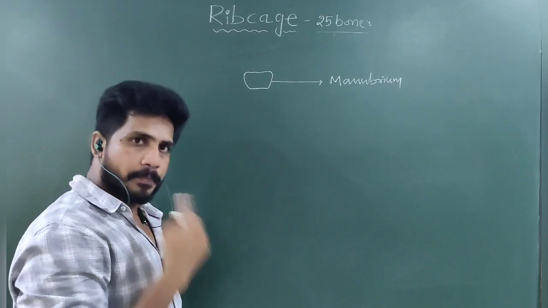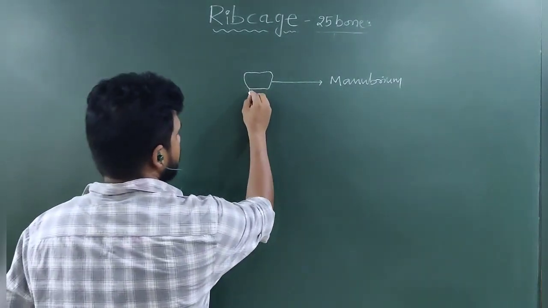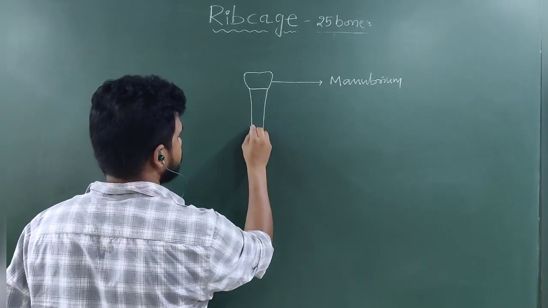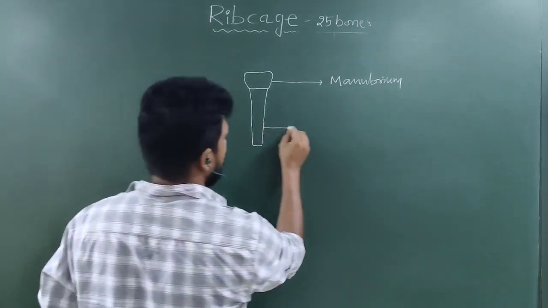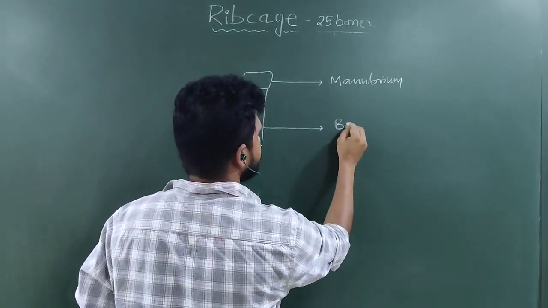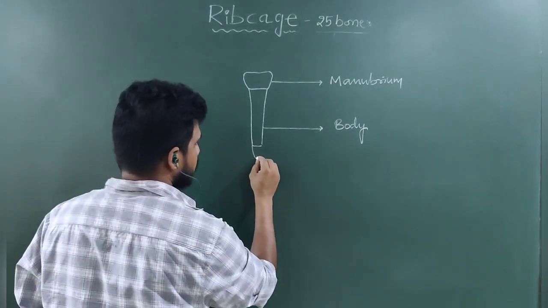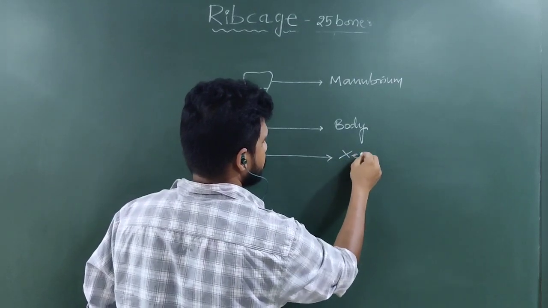It is not a separate bone, it is a part of the sternum bone. The manubrium continues as a long body-like structure. This is called the body. And that ends as a conical structure called the xiphoid process.